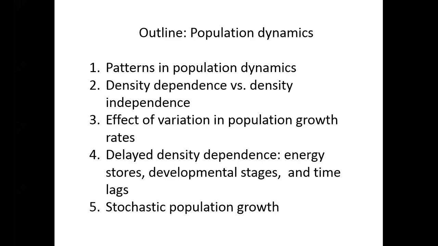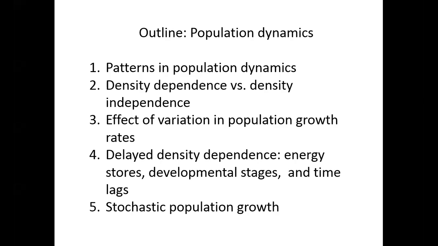So first, we're going to look at the patterns that we're going to try to explain, and we're going to try to understand what it is that happens in nature, why the logistic equation is not good enough. Then we're going to talk about density dependent factors versus density independent factors.